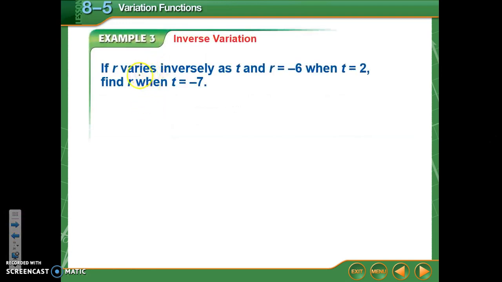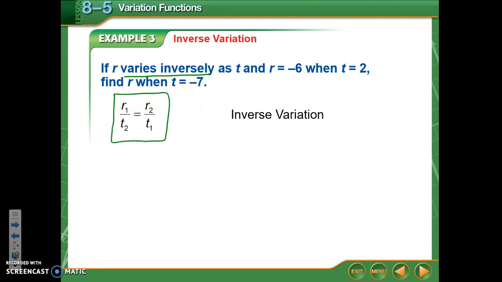So let's look at this one. It says r varies inversely as t, and r equals -6 when t equals 2. Find r when t equals -7. So the inverse variation proportion you have to be careful with. Notice my r and my t sub 1 are in opposite fractions, okay? And my r sub 2 and t sub 2 are in opposite fractions. Why?